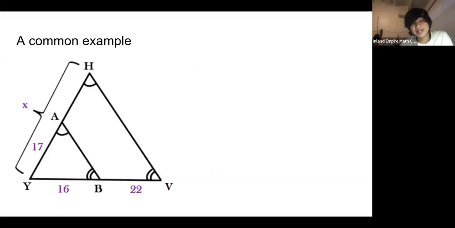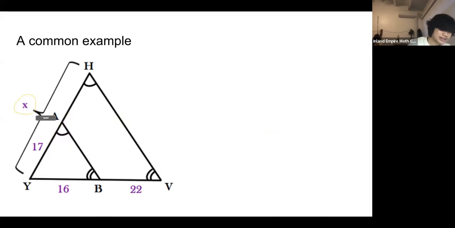So here's a common example of when you might see similar triangles. Basically, the question here is to figure out, first of all, which triangles are similar, where the similar triangles actually are. But the idea is to figure out what HY is.